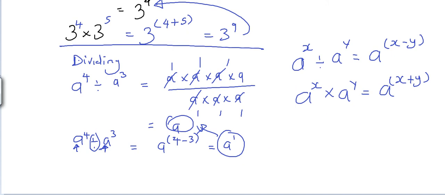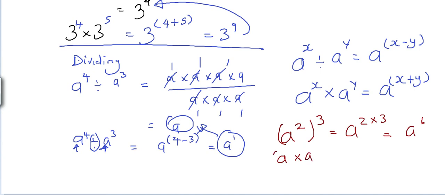The final one that we're going to go through is, suppose you're given a squared, all to the power of 3. Well, we simply do a to the 2 times 3, which gives us a to the 6. And let me show you why that is. a squared is a times a, and if we did 3 lots of that, it gives us a to the 6, which is the same thing as that.